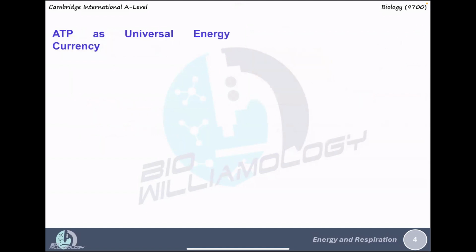So, how can ATP act as the universal energy currency? Whenever we use the word universal, it means no exceptions. Therefore, ATP is used in all living organisms, which shows that ATP is the universal energy currency.